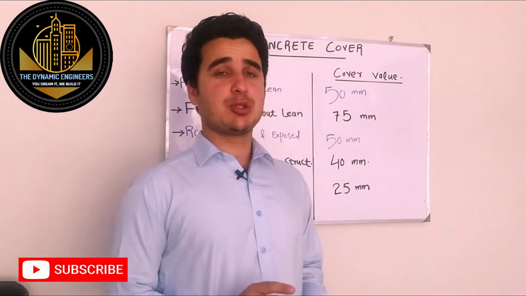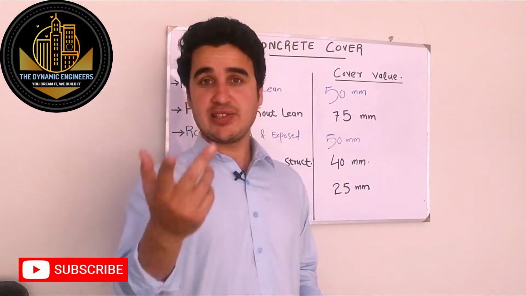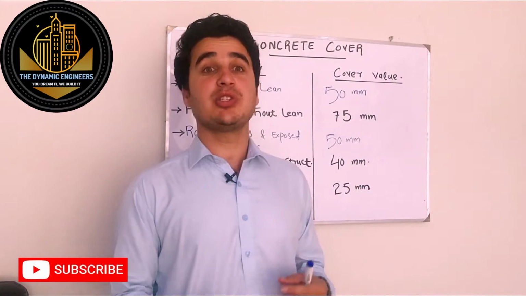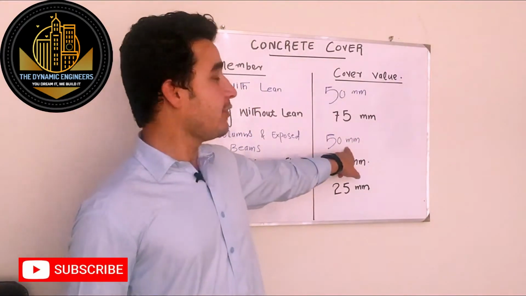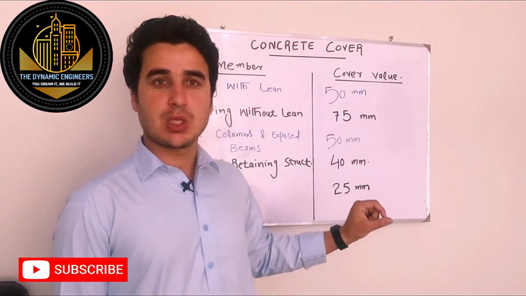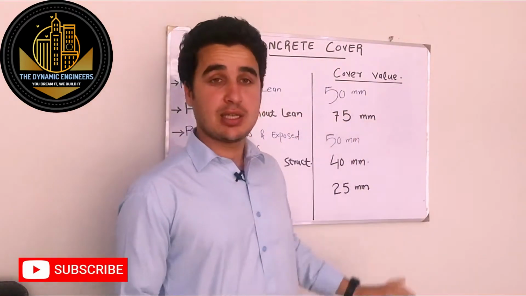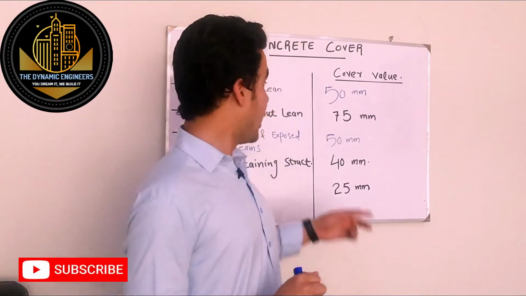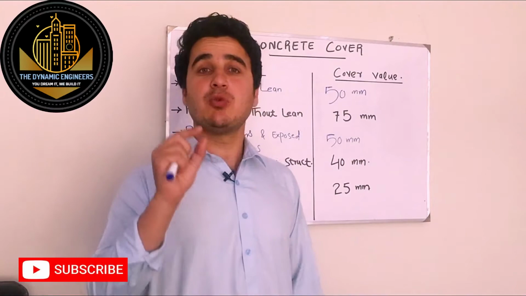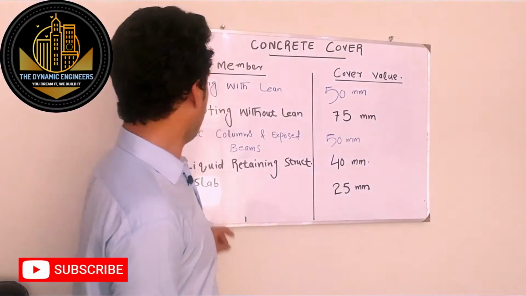That beam is exposed to rain, and that rain may contain any type of chemical, especially in industrial areas or in cities. In that case we use 50 mm, which is the maximum. This 50 mm is not a small value for any concrete beam. The reason is to stop the weather conditions, okay?